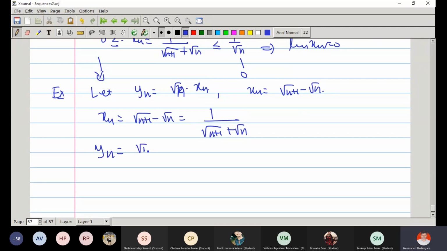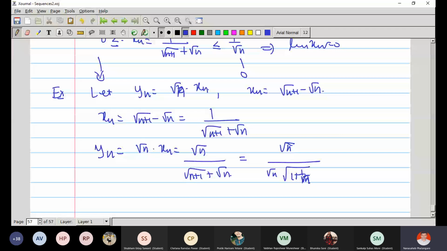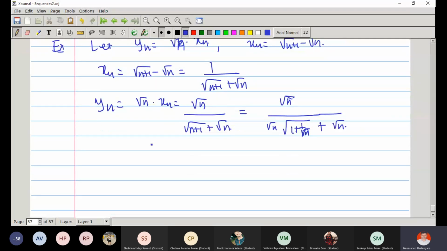Now simplify yn. What is yn? Root n times xn. That means root n times 1 upon root n plus 1 plus root n. From the denominator, from the first square root, I will take n outside, so root n will come outside. What will remain inside? 1 plus 1 by n under the root, plus the second root n as it is.